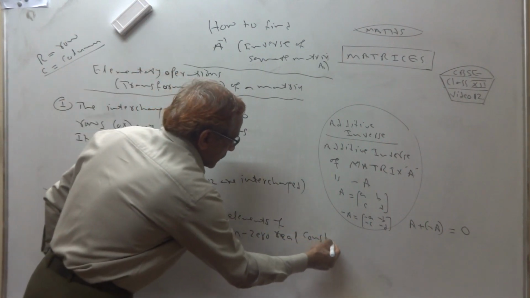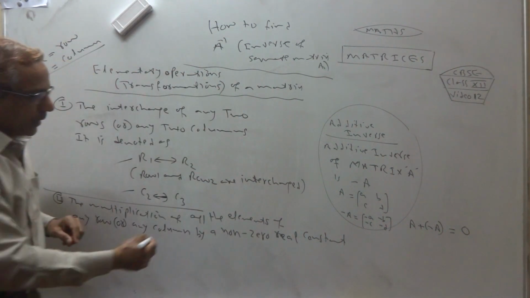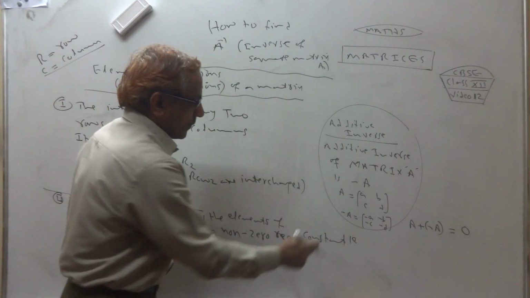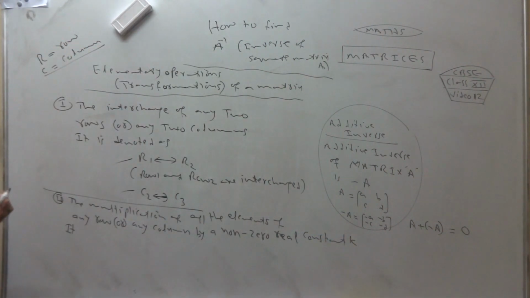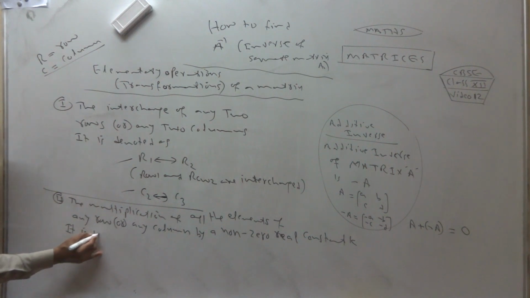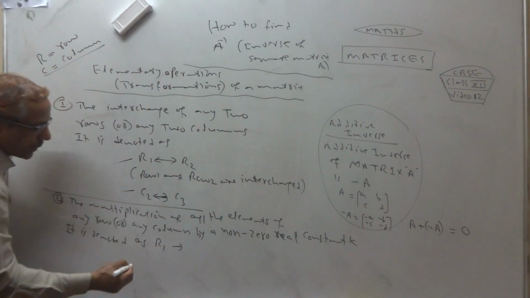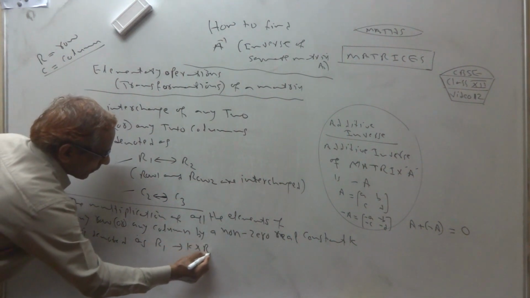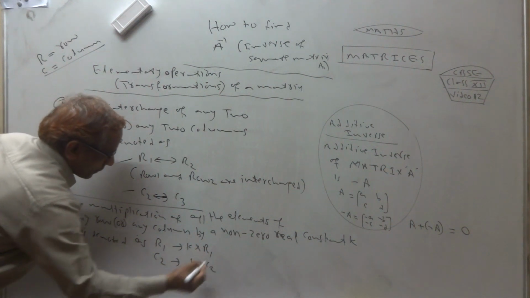It is denoted as non-zero real constant K. Any non-zero real number. It is denoted as R1 gives K into R1, C2 gives K into C2, like that.